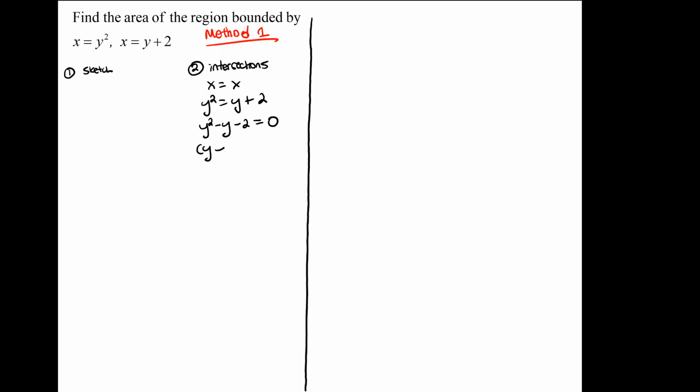Factor. This is y minus 2 times y plus 1 is equal to 0. And we get two solutions, y equals 2 and y equals negative 1. Okay, so for the sketch, those are our important y values.